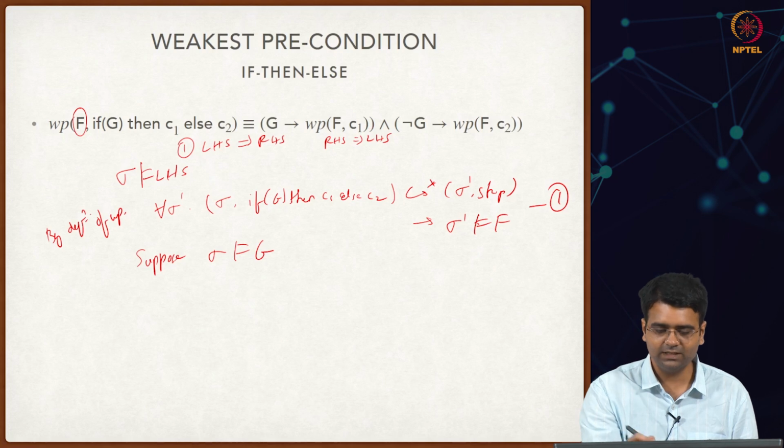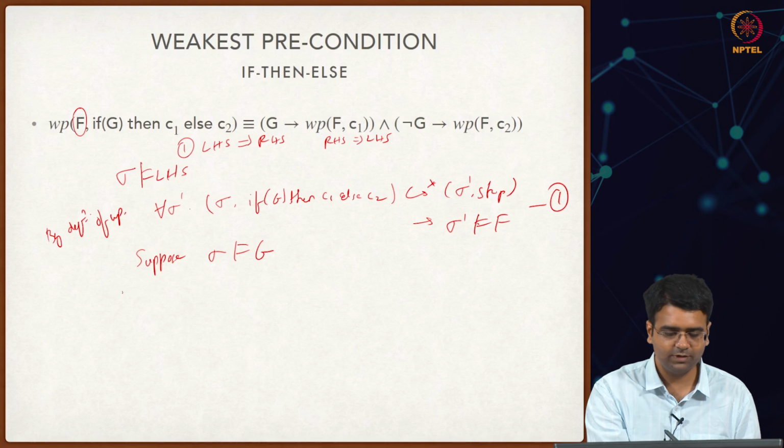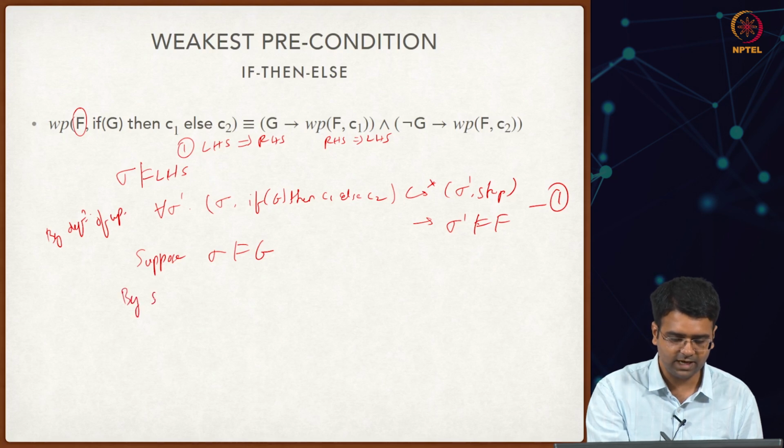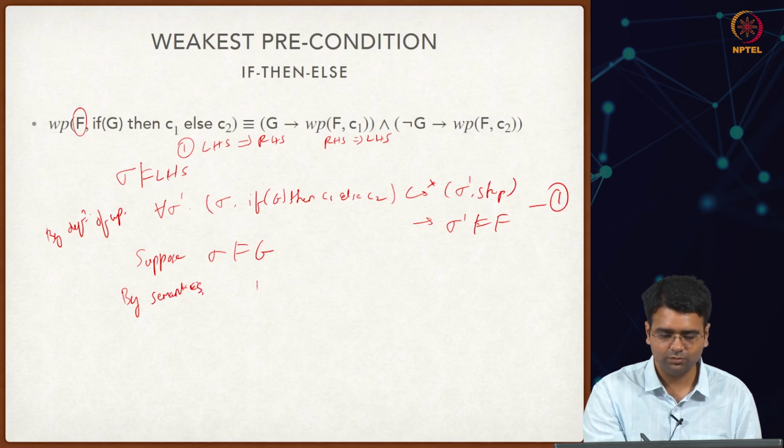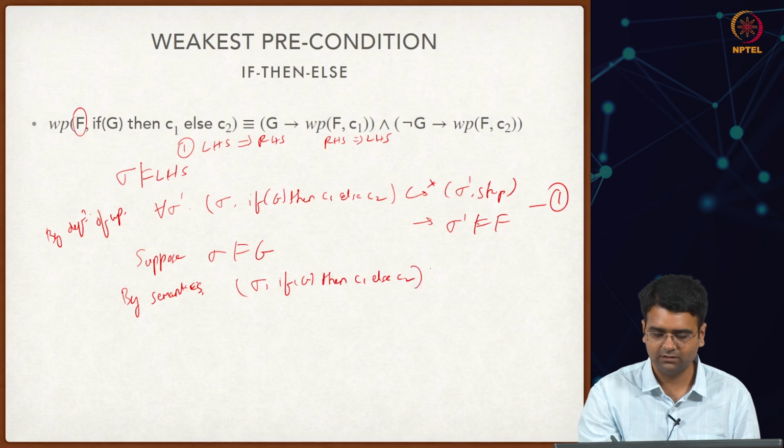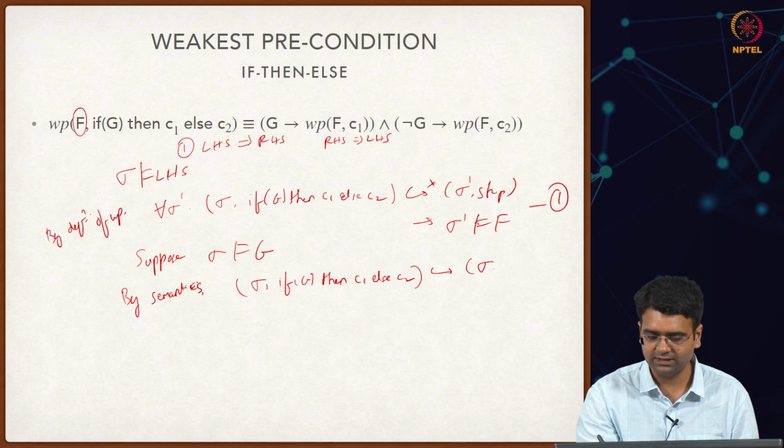If sigma is a model of G, then by the operational semantics, I know that if I execute this if then else on sigma, since sigma is a model of G, it must lead you to the state sigma comma C1.